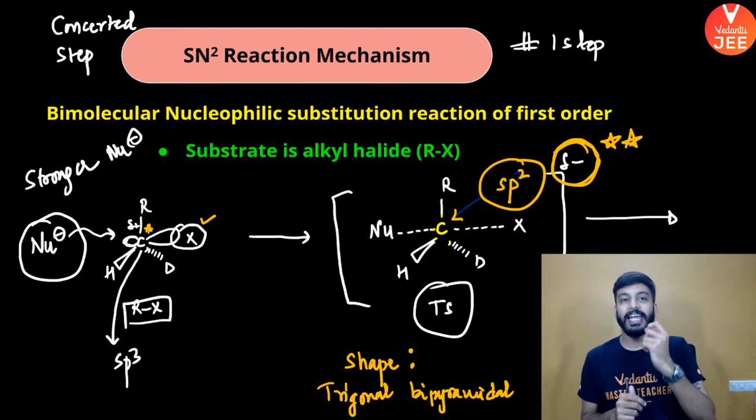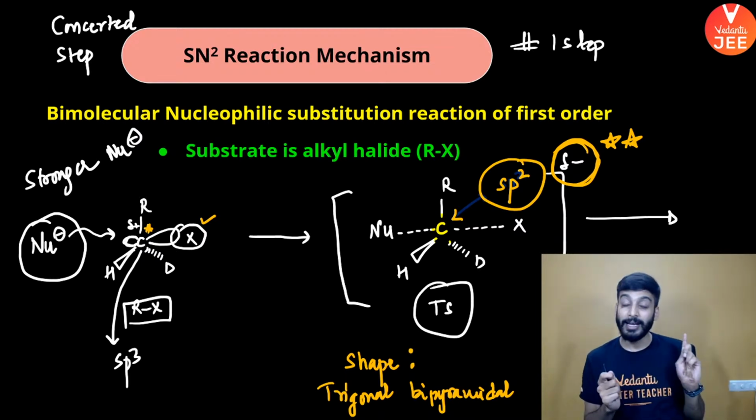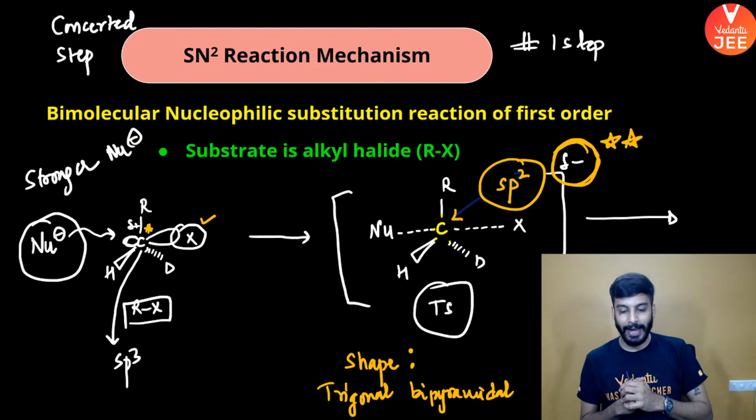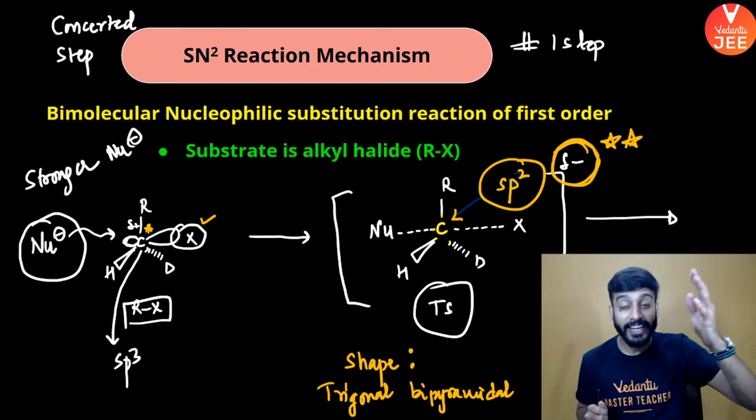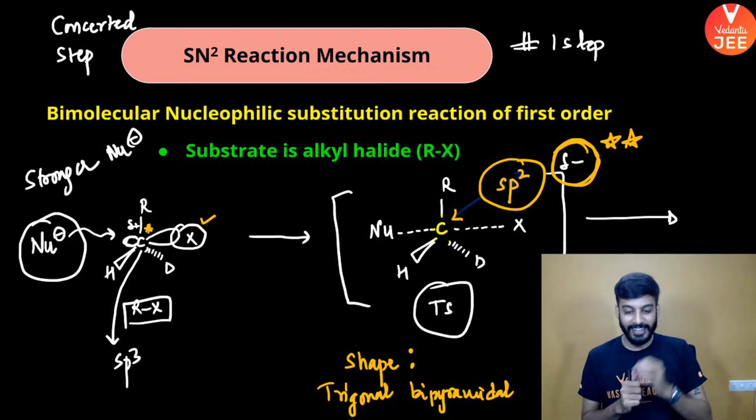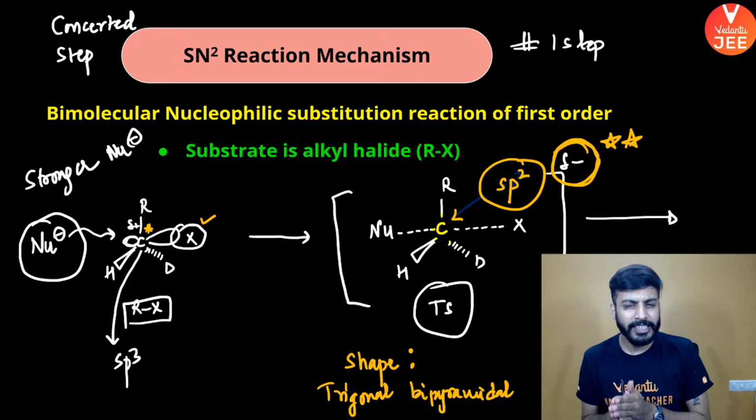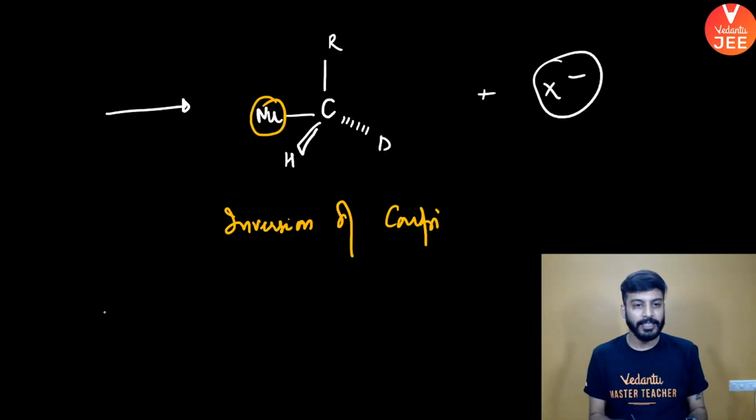Would it be easy for the nucleophile to attack from the back and make a bond simultaneously? It will be difficult because of the steric hindrance. Yes, it is difficult. Bilkul sahi Akshat. It is difficult because of the steric hindrance.